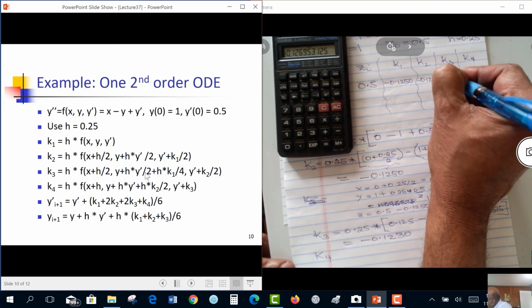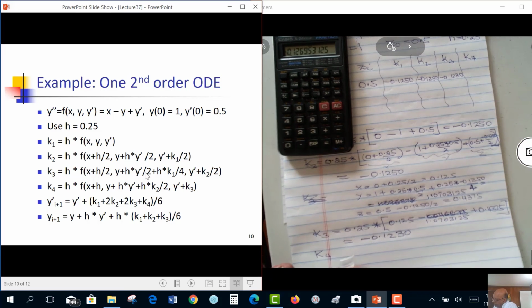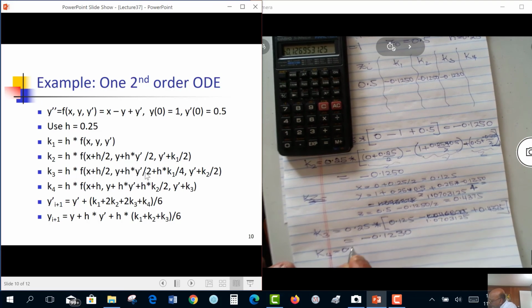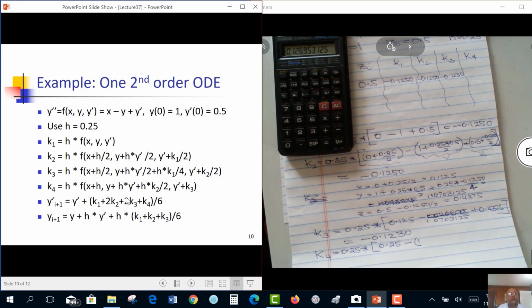Minus 0.123. So K4 is 0.25 times x plus h minus y. So what are the arguments for y?